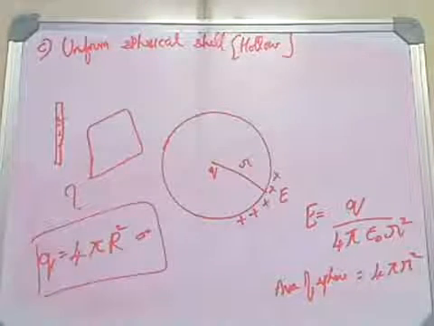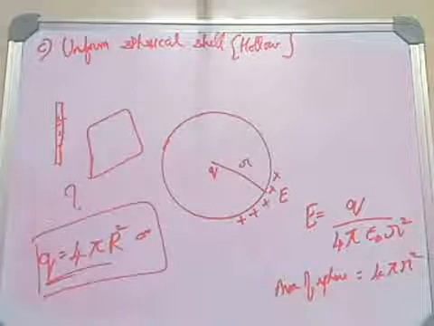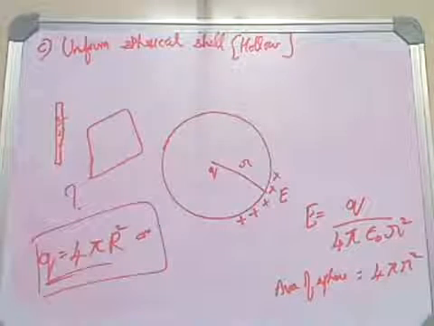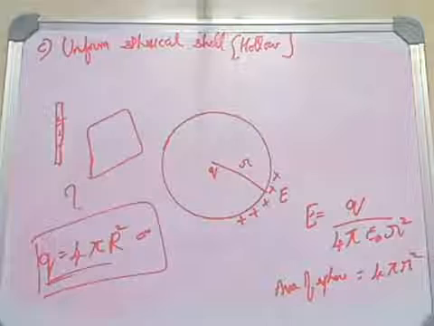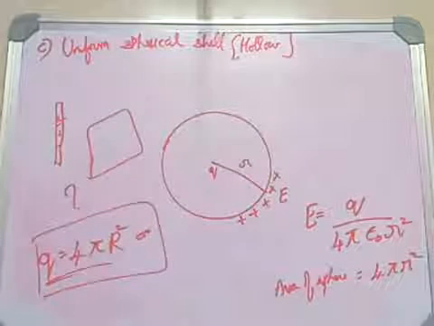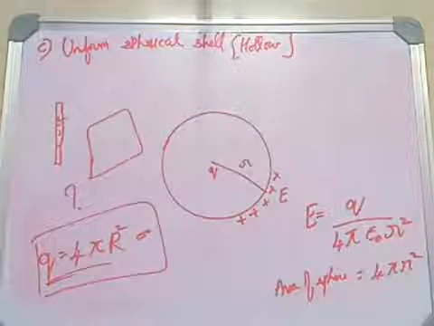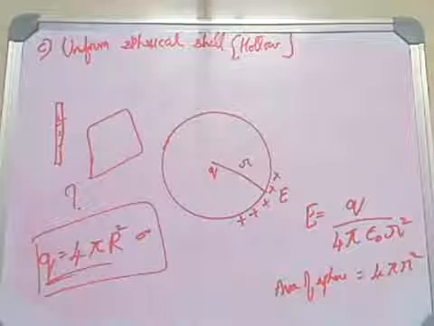Because it is finite in size, I can find out how many charges are there on it. In the other 2 cases, let me consider the plane surface here. I can only find the charge density and not really the net charge that is there.